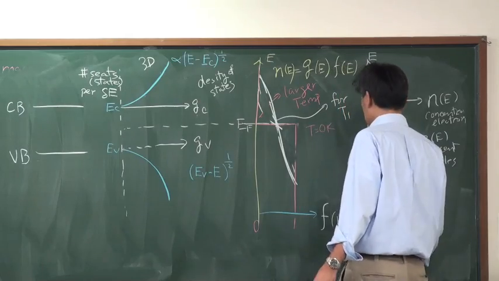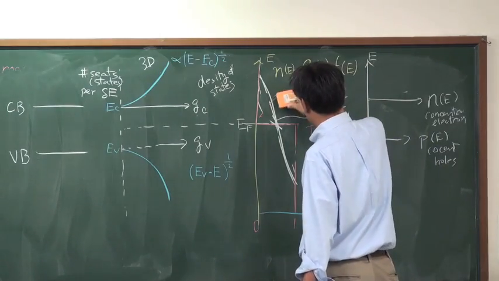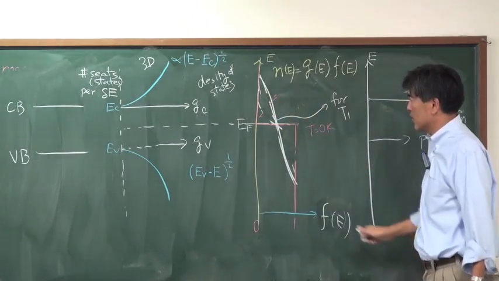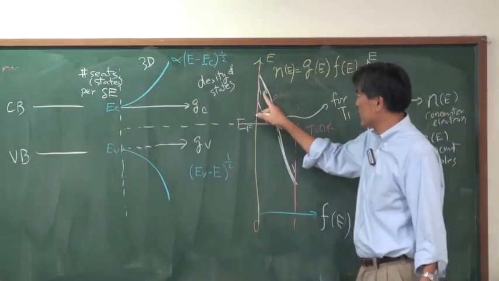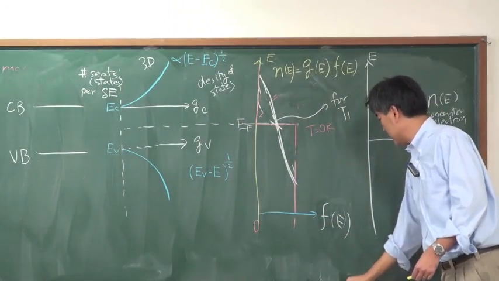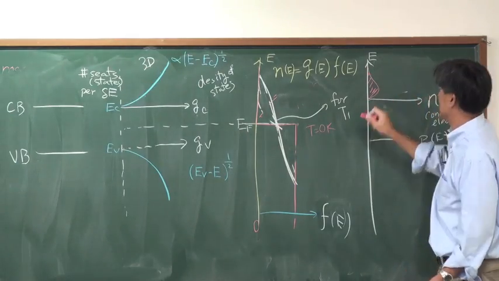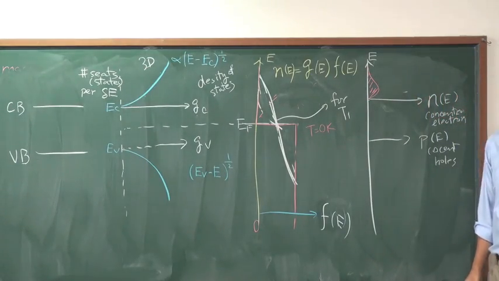For T1, whatever the temperature this is, this blue times white is something that looks like this. Right?